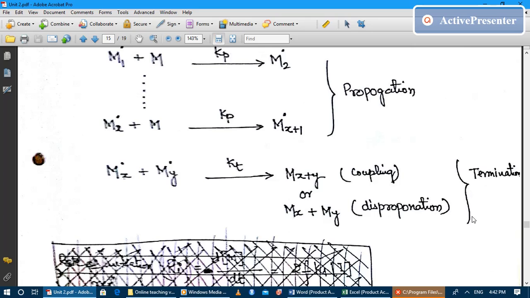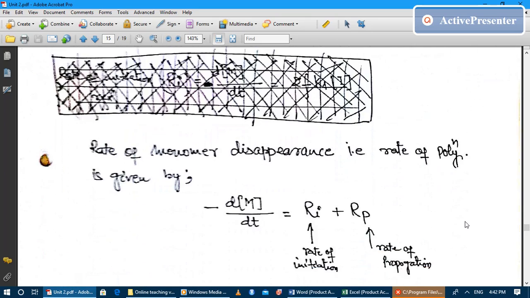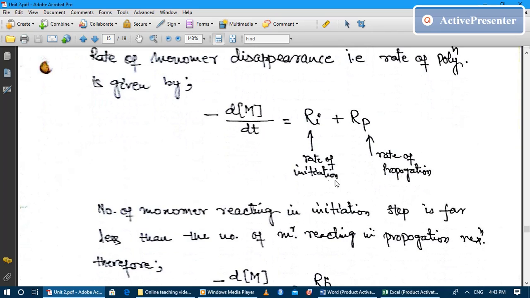So these are the two modes of termination. Now the rate of monomer disappearance, that is the rate of polymerization, is given by minus d[M] by dt equal to Ri plus Rp, where Ri is the rate of initiation and Rp is the rate of propagation reaction.